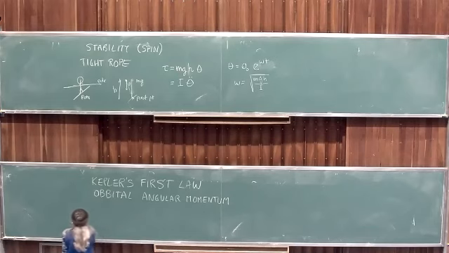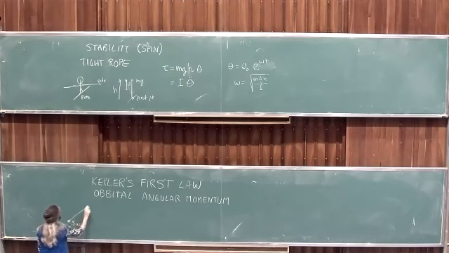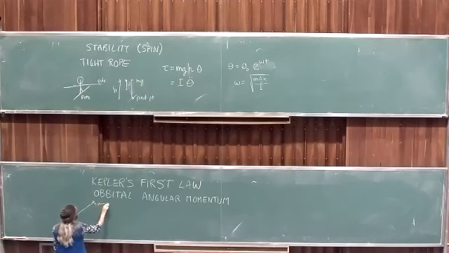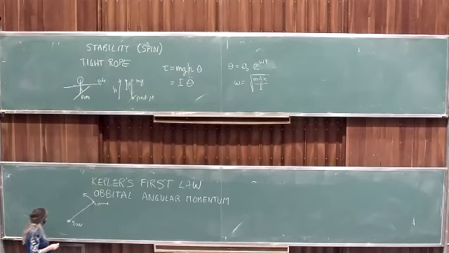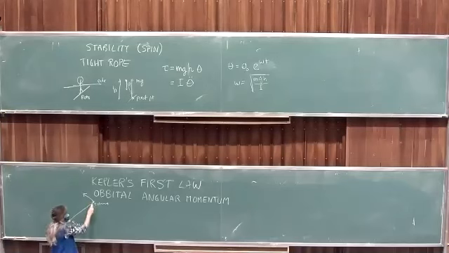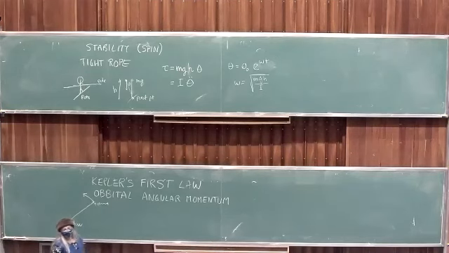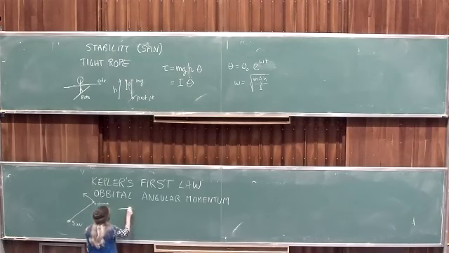So we have the sun here, and we have some planet, and it's in an orbit. I can take R cross P of this thing, and that's the orbital angular momentum. And what we're going to show is the orbital angular momentum gives you the eccentricity of the orbit.